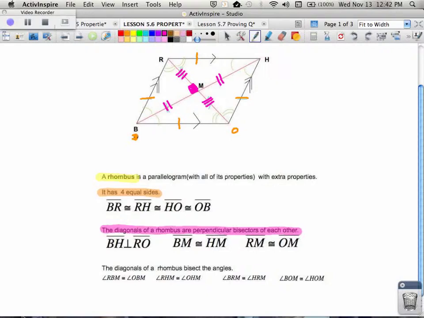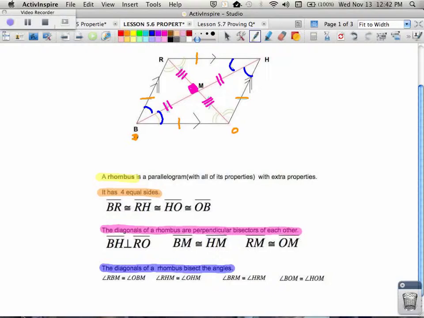And then the last thing that you should know is that the diagonals of a rhombus bisect the angles that they intersect with. So what that's saying to us in the blue highlight and the blue markings is that angle B, the big angle RBO, is chopped in half, and this angle RBM and this angle OBM are the same size. I also know that means that RHM and OHM are the same size.